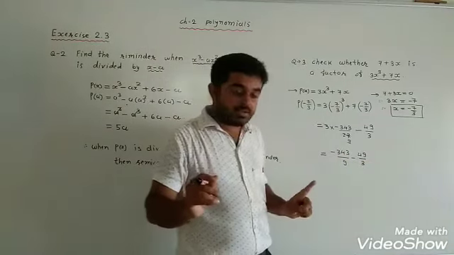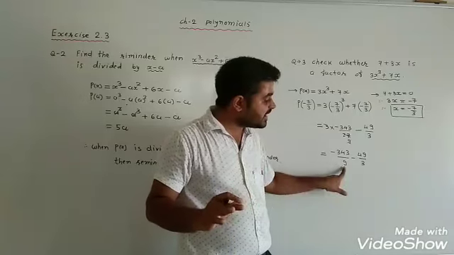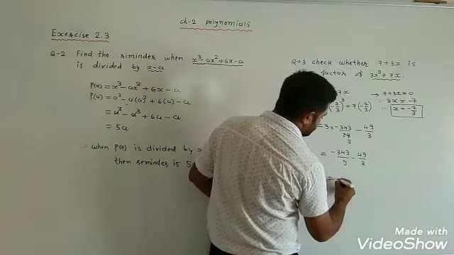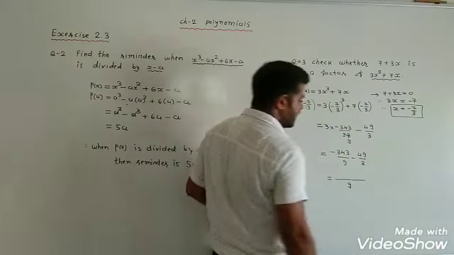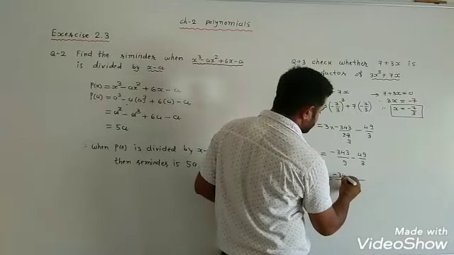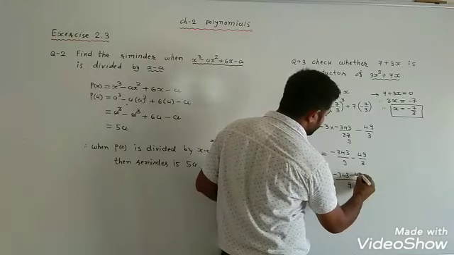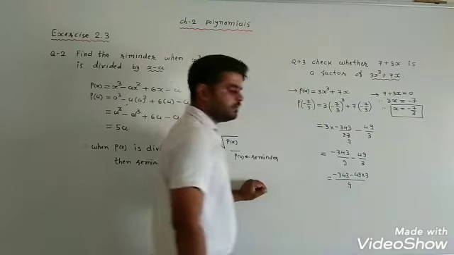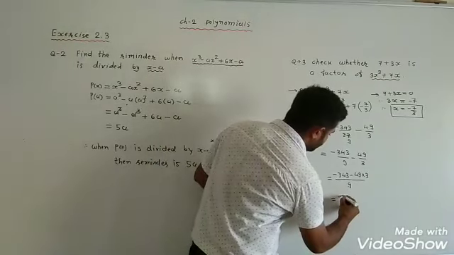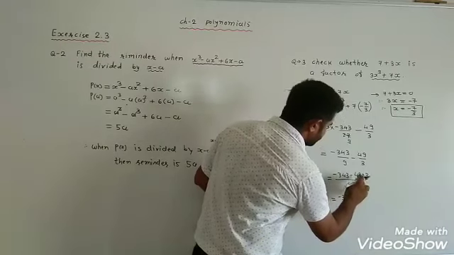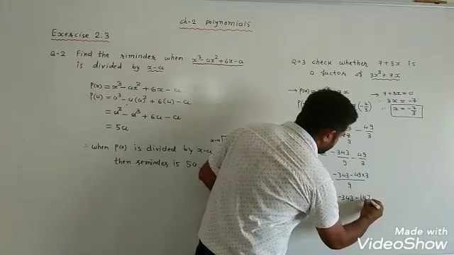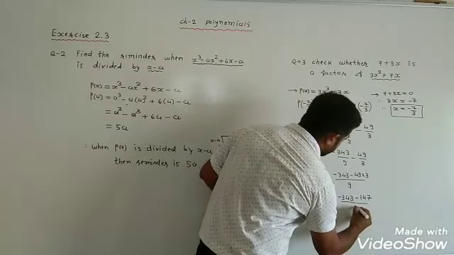Taking the LCM, since here is 9 and here is 3, we have 9 as the denominator. So we have minus 343 minus 49 into 3, that is 147, divided by 9.